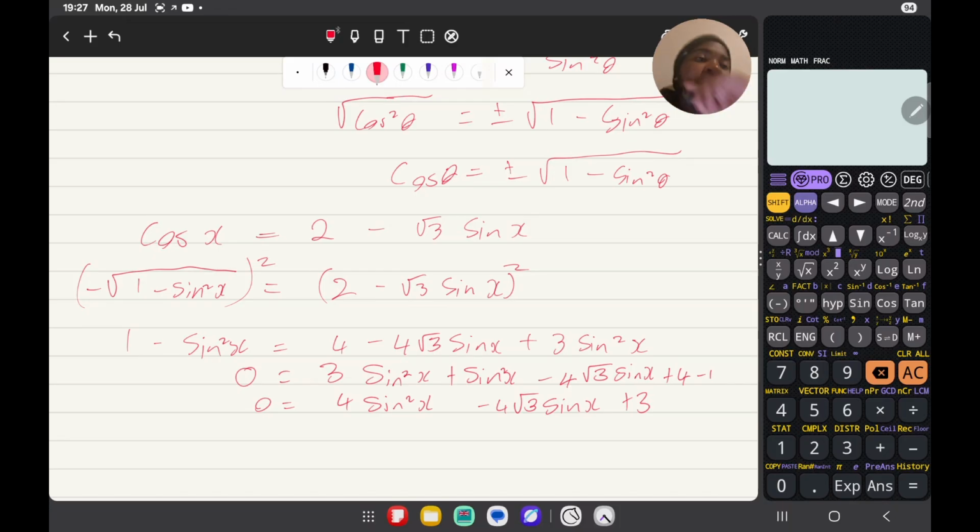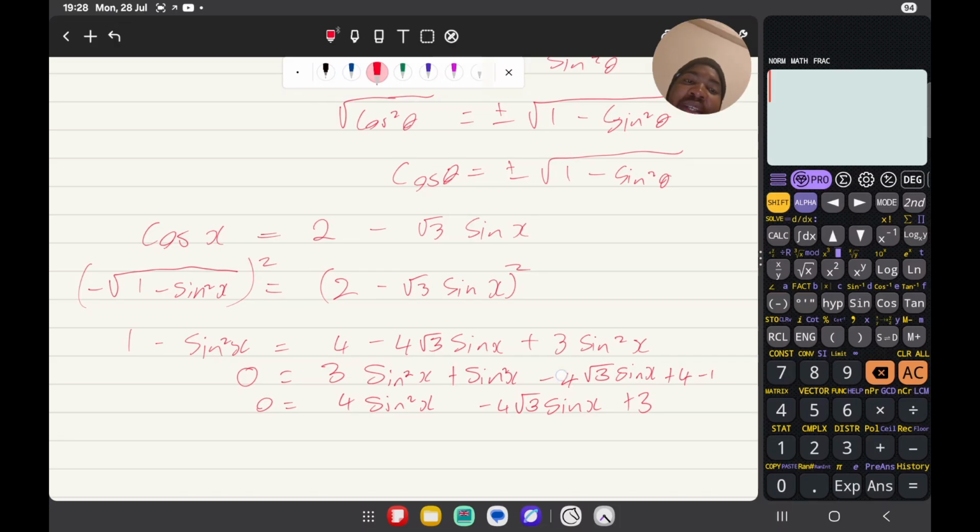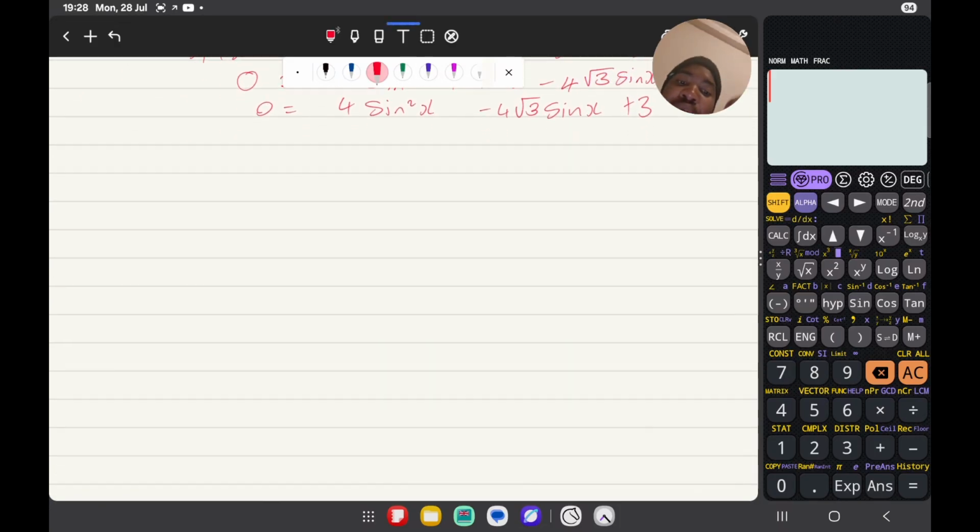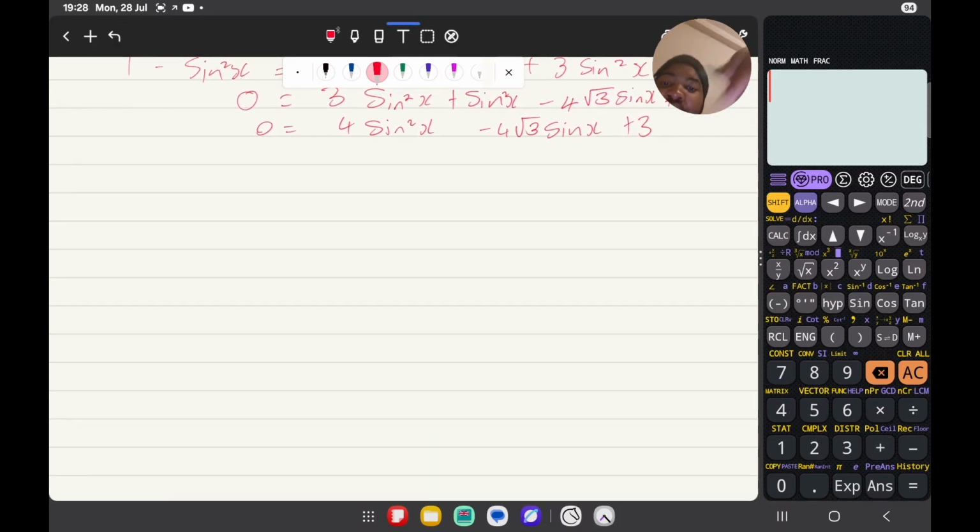Cool. So this is where certain things you need to practice in order to be able to recognize them, because this one I don't know how to easily explain how you get to factorize this thing, but I hope they will give it to us.